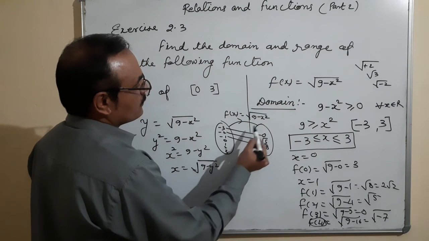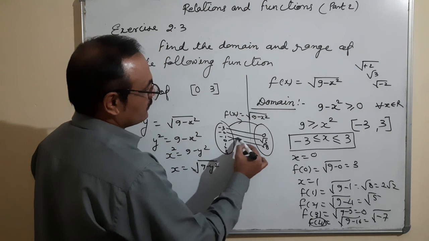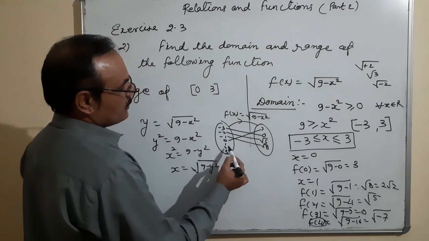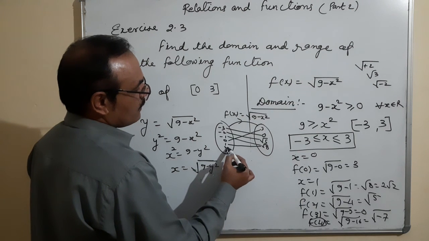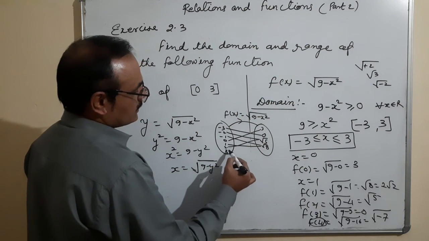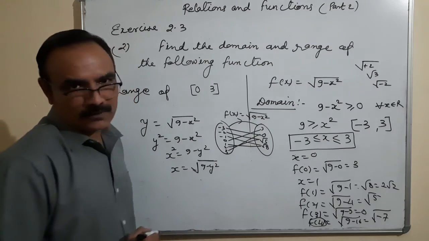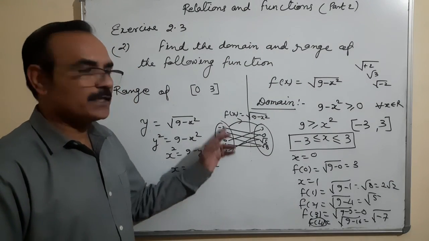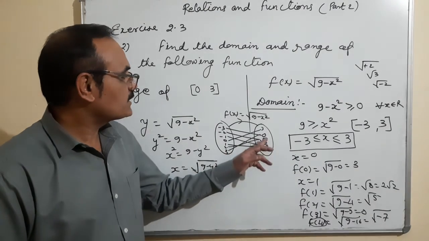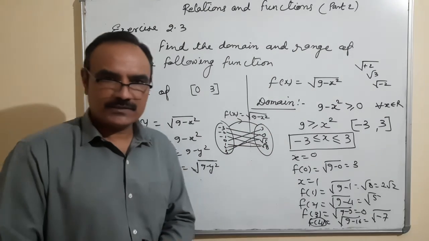For 0, when you put here 0, 3, 1 under root 8, 2 under root 5, and for 3 it is 0. Okay. So you can check it here, from -3 to +3 it's a domain, and range is from 0 to maximum number 3.